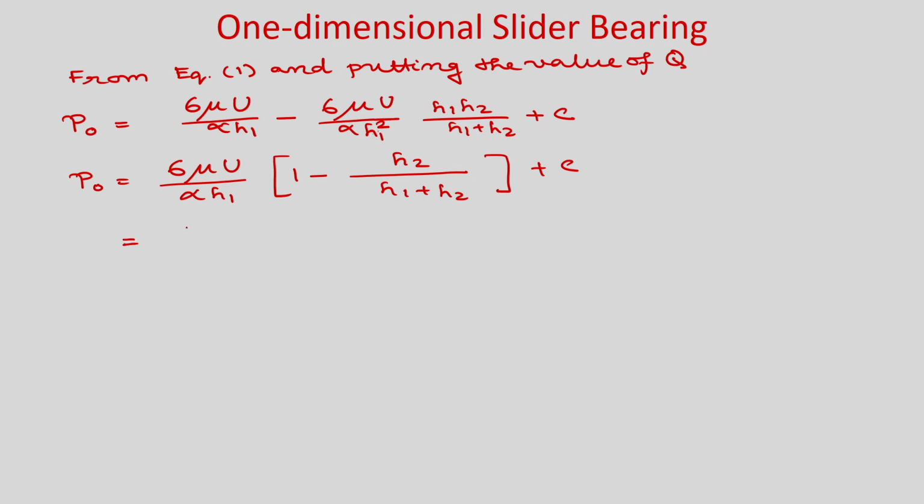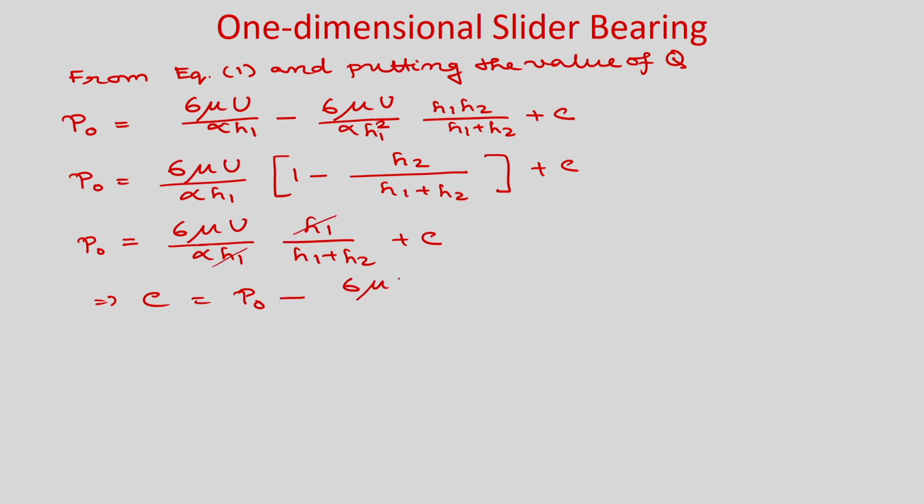So, this you can write as 6 mu u by alpha h1, and this h2 will get cancelled, so you will get h1 by h1 plus h2 plus c. Okay. So, from here you can find constant c as p naught, this h1 will get cancelled, so it will be minus 6 mu u divided by alpha (h1 plus h2). Okay.